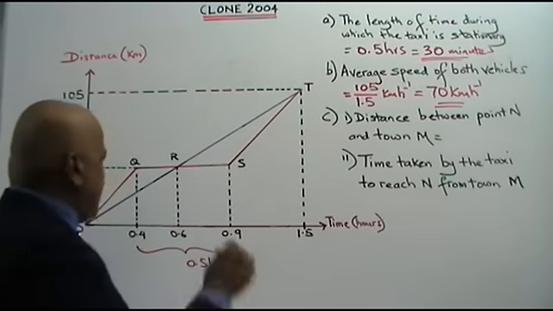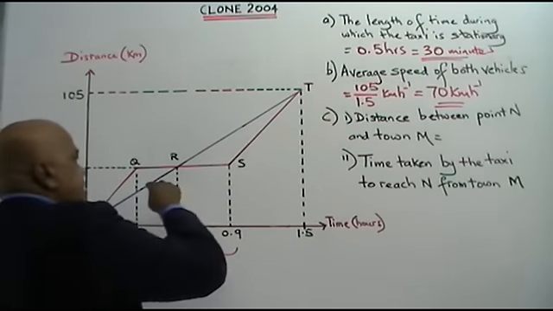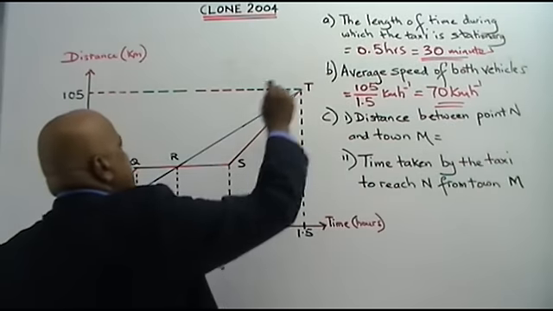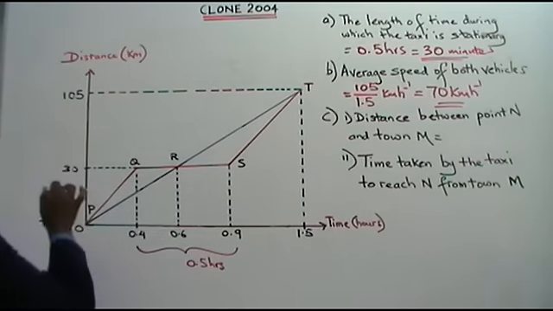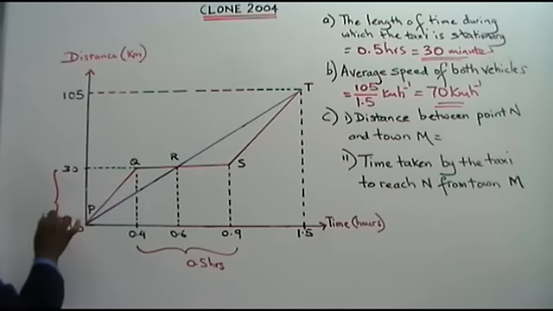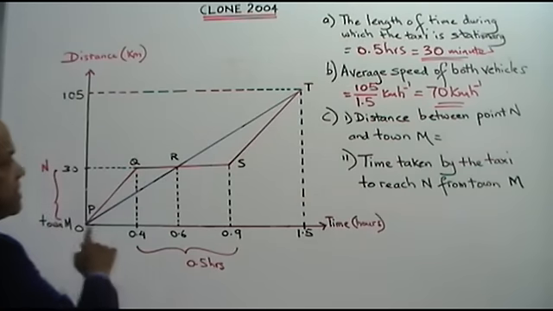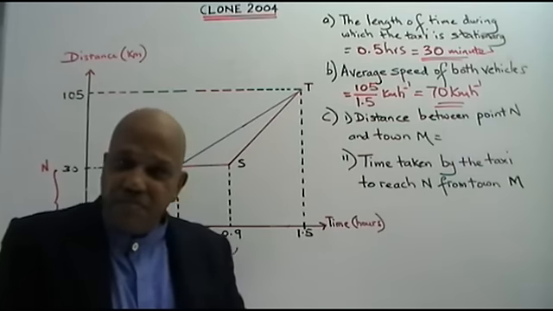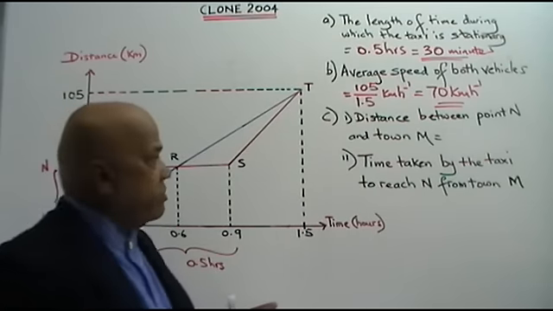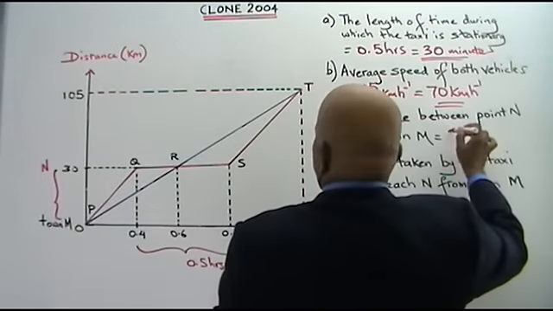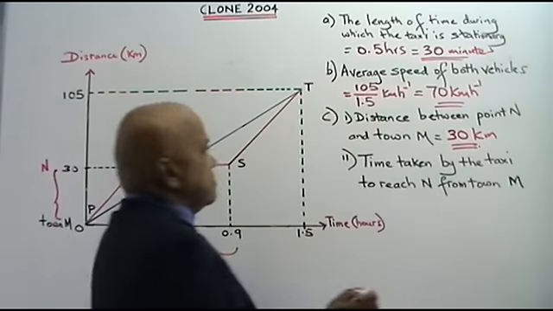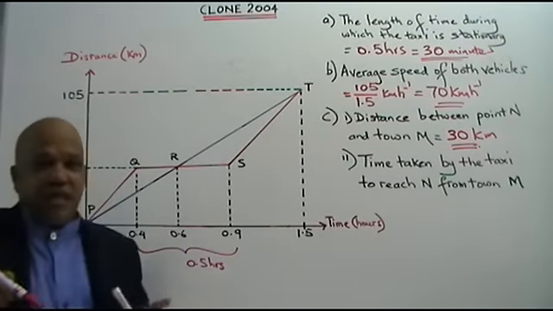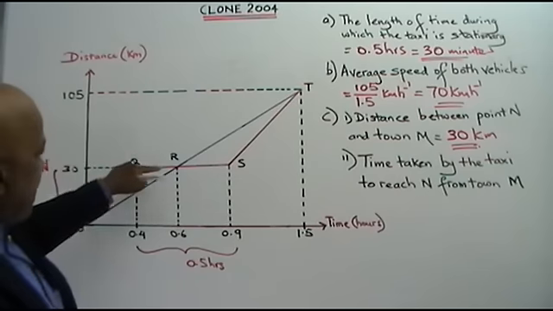So during that time, the lorry reaches the point N. That means the point N is 30 kilometers away from town M. You must be very careful. So 30 kilometers. Okay? 30 kilometers. So point N is here.